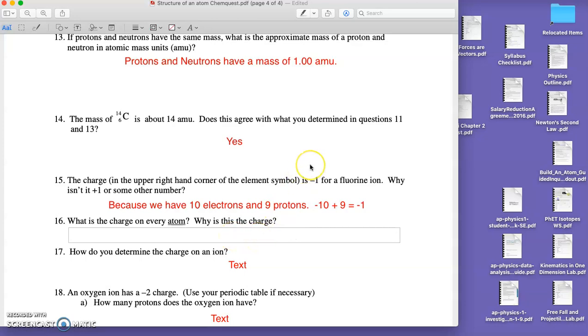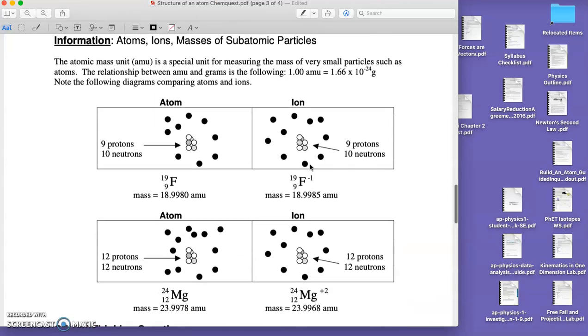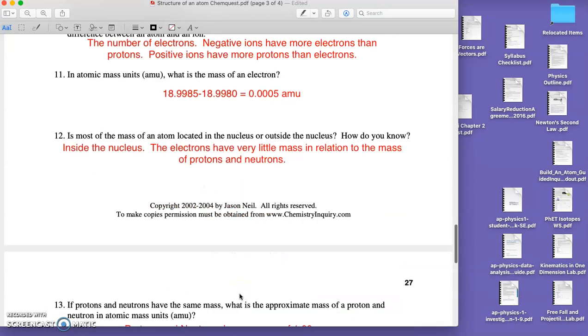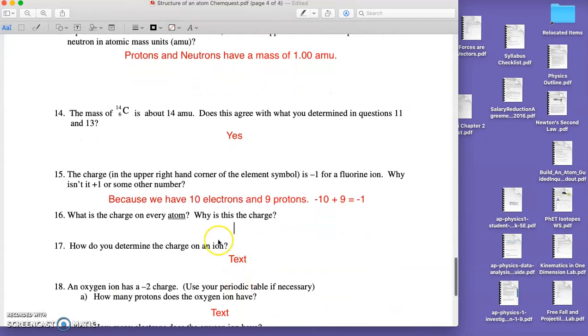Number 16, what is the charge on every atom, and why is this the charge? Well, look at the atom. I have 9 protons and 9 electrons. Here I have 12 protons and 12 electrons. So the charge on every atom is 0, or neutral. And why is it the charge? Because the number of protons equals the number of electrons.